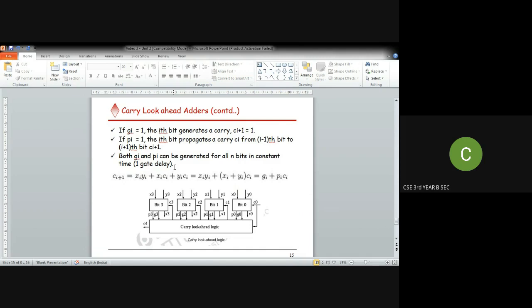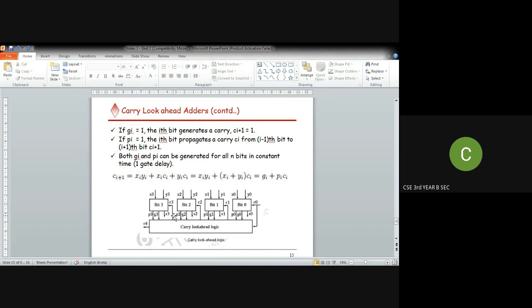If we use the full adder, for every bit operation we will get 1 gate delay, so the gate delay depends on the number of bits. If the number of bits is high, we will get more gate delays in the full adder. But in the case of carry look ahead adders, it is only 1 gate delay for any number of bits.